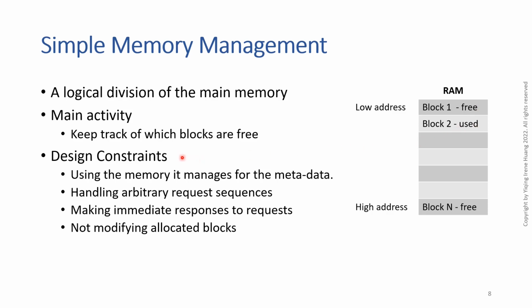And the design constraints are we need to use the memory that it manages for the memory management metadata. What does that mean? I need some sort of data structure to keep track of who is free and who is in use. And then I need memory to store this data structure. Where do I put this data structure?